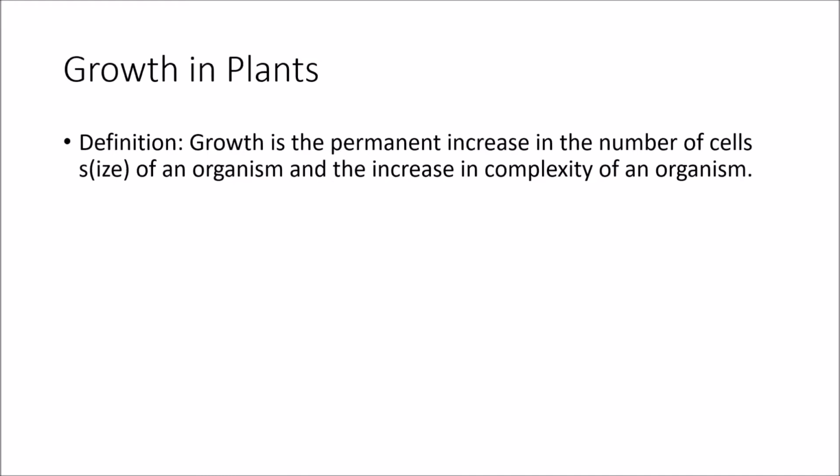And then as time passes on, it becomes more complex. Eventually, it's going to get a nervous system, it's going to have a circulatory system, etc. And it's going to get larger and larger and more complex as time passes on. So that is another explanation of what growth is. So growth is both of these two things happening at the same time, increasing in size as well as increasing in complexity.